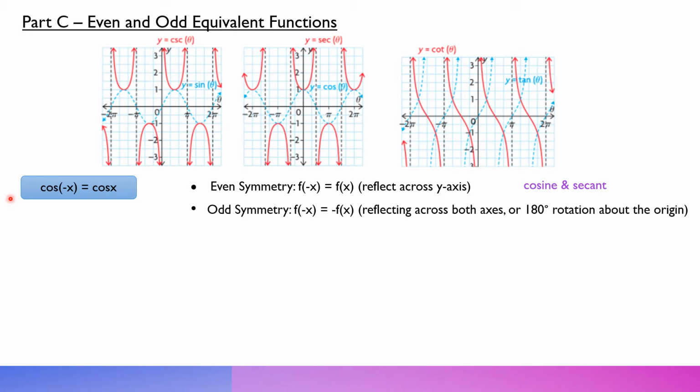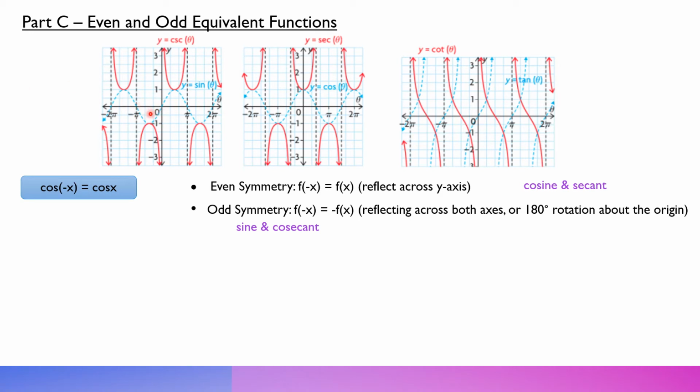Odd symmetry, that's the one with the two reflections. So odd symmetry means it reflects across both axes, or you could think of it as rotating 180 degrees about the origin and then it lands right where it was. Any of these have odd symmetry. The first group here, sine and cosecant, these are odd. Two reflections, put it back where it was.